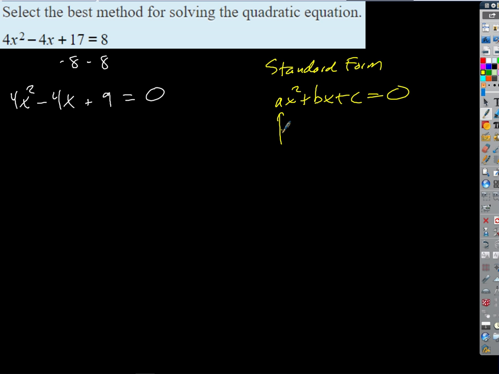We don't want to mess with doing any of the other ones because they're going to be hard. Factoring is going to be hard. Completing the square is going to be hard. All that stuff will be hard. I'd have to deal with fractions. I'd have to do a lot of work that we don't want to do. So we'll just throw this into the quadratic formula and we're done. At this point, we're not even doing it. We're just selecting the method. So this would be quadratic formula, right? That's it.